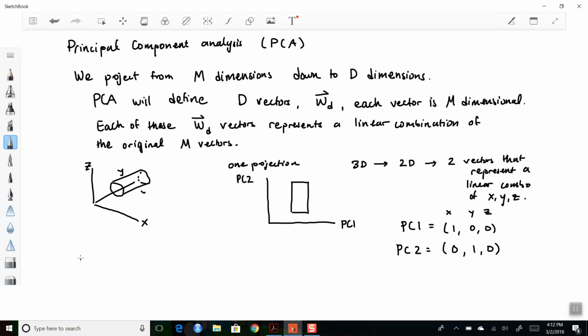Or if we just moved the light around to change the way our shadow gets cast, the shadow that gets cast could look like this, right?